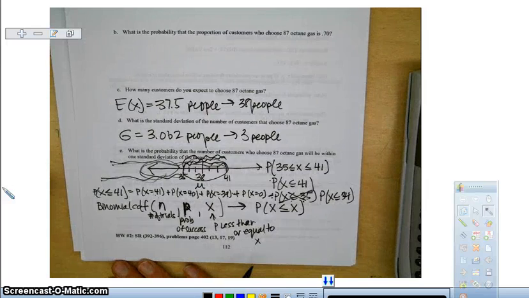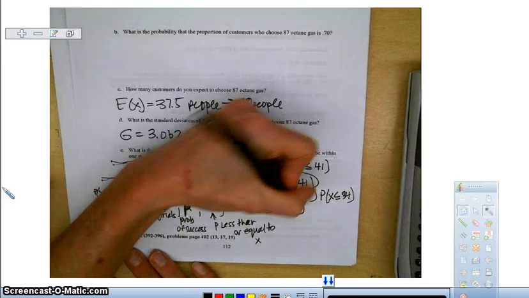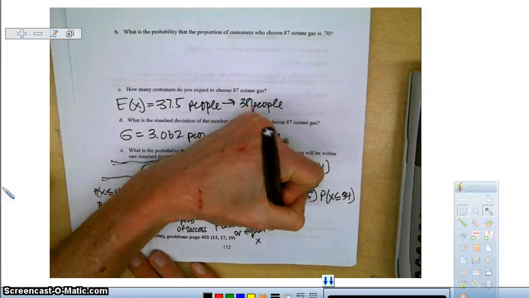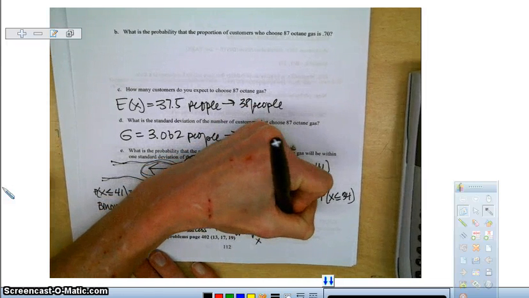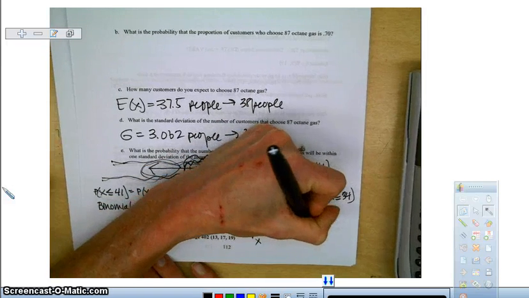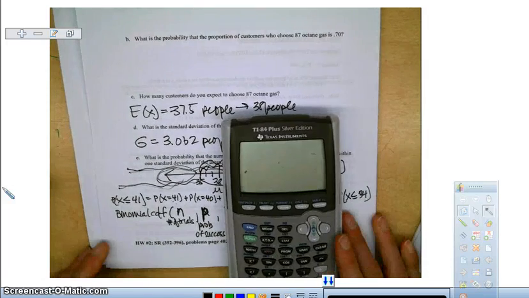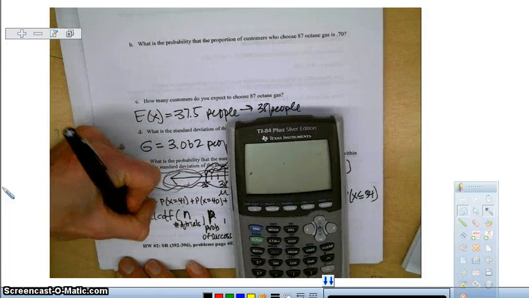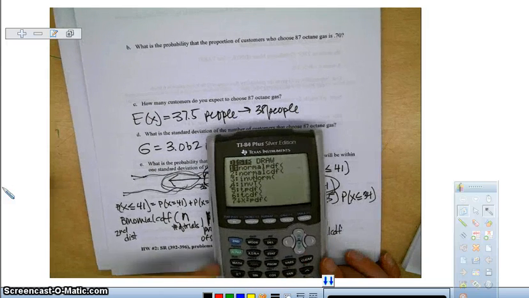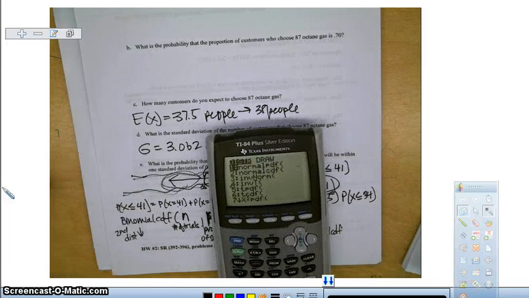Alright, so that's my strategy. I am going to do the probability that x is less than or equal to 41. The way I do that is binomial CDF. To get to binomial CDF, you hit second, distribution, and then go down until you find the binomial CDF.